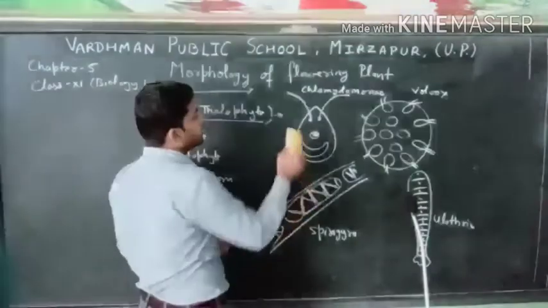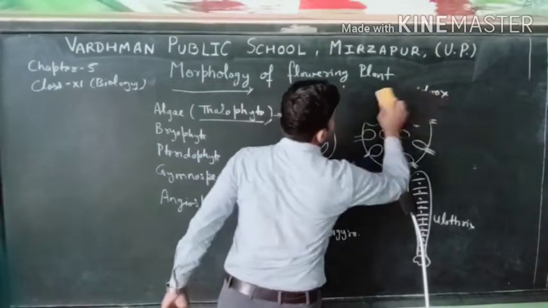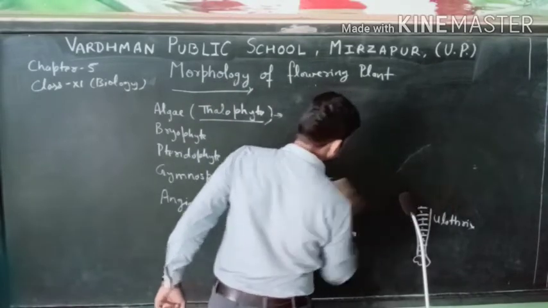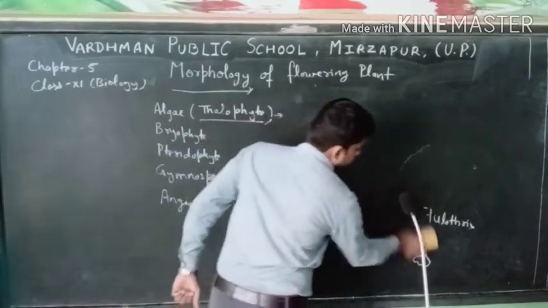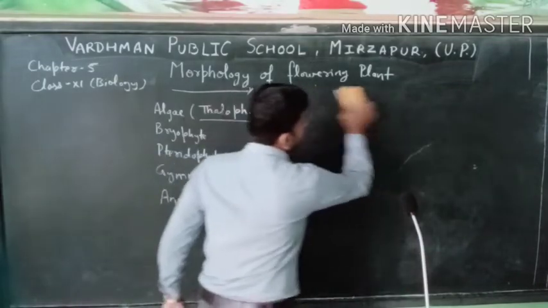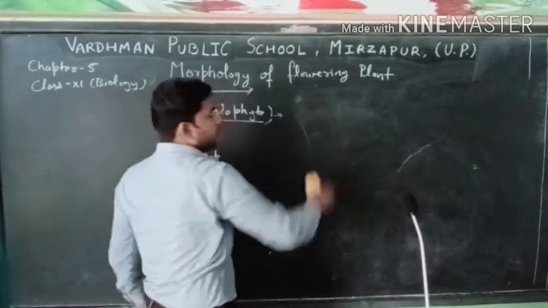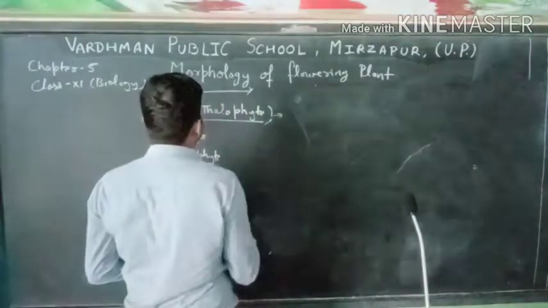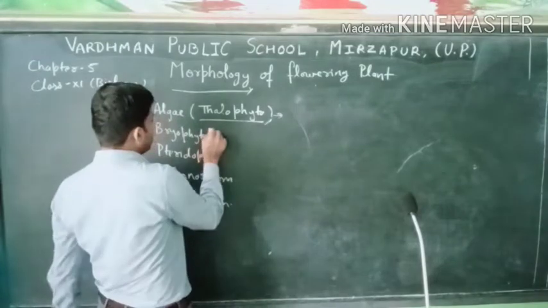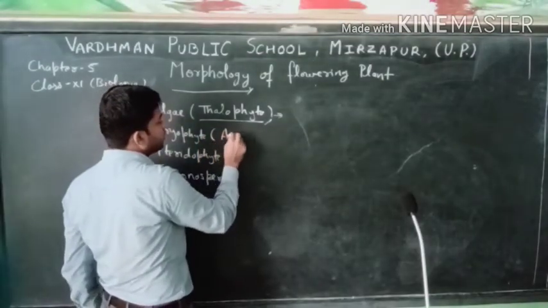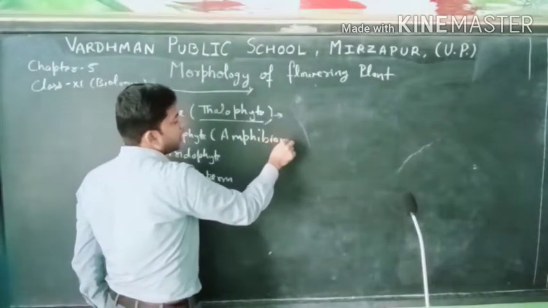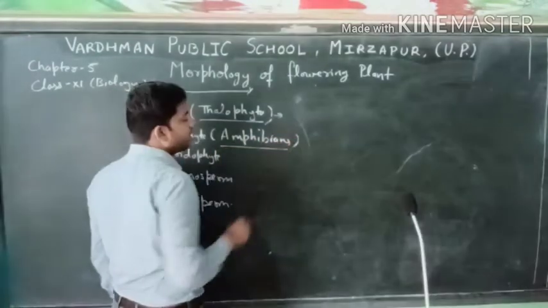Now I discuss the next topic, bryophytes. Here one thing is that all algae are present in water. It means they prefer the aquatic environment. Now second, bryophyte. Bryophyte is known as the amphibians of the plant kingdom.